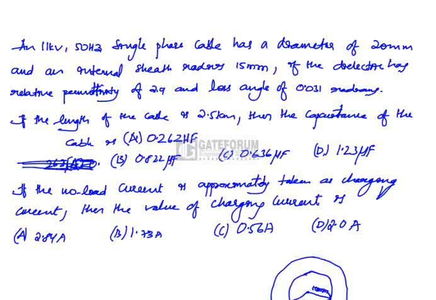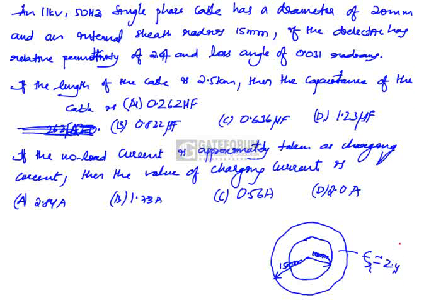If the dielectric has relative permittivity of 2.4, so epsilon r is equal to 2.4, and a loss angle of 0.031 radians. So delta is the loss angle, that is 0.031 radians.